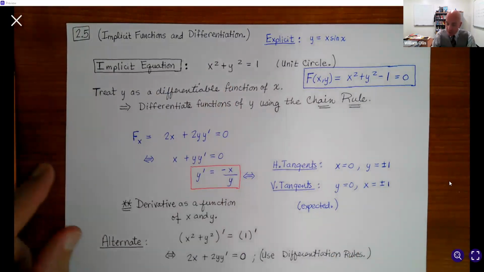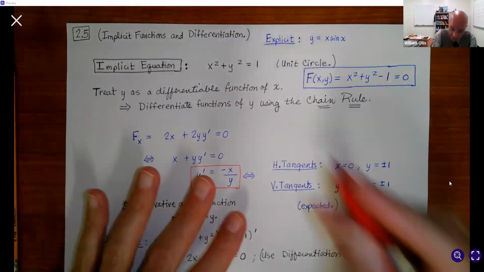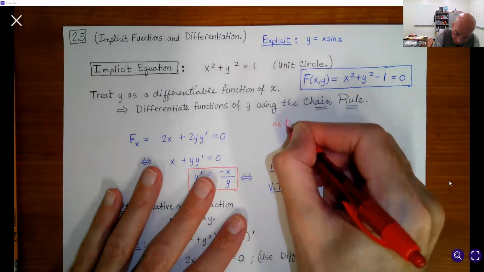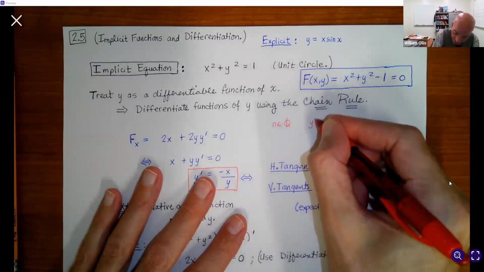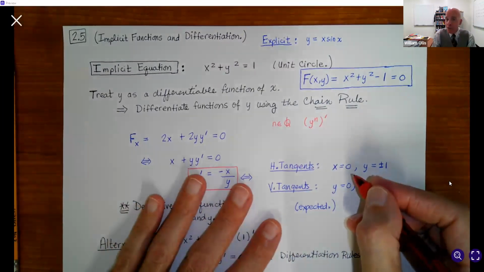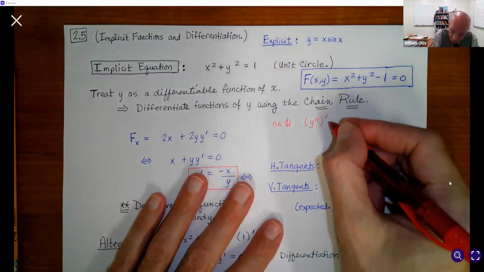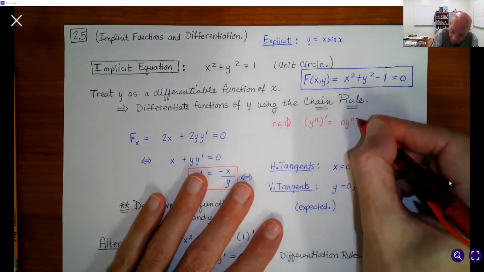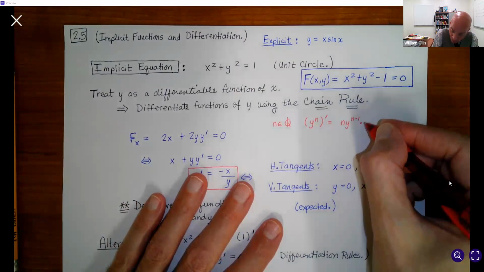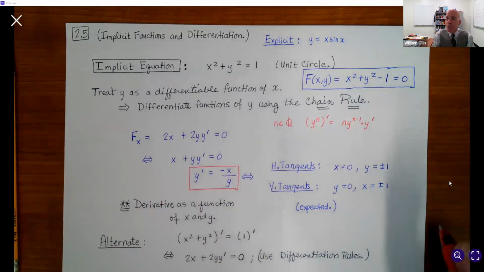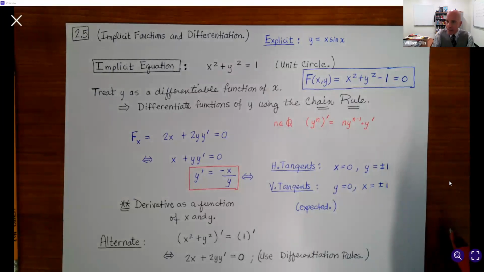Now, one common use, for instance, if we think of n as a rational number, and we want to differentiate a power of y as a differentiable function of x, well, we use the power rule in conjunction with the chain rule. So we have n, y to the n minus 1, and I'll put a little dot here for multiplication, times y prime. So y prime is the symbol for the derivative of y, in this case, with respect to x.